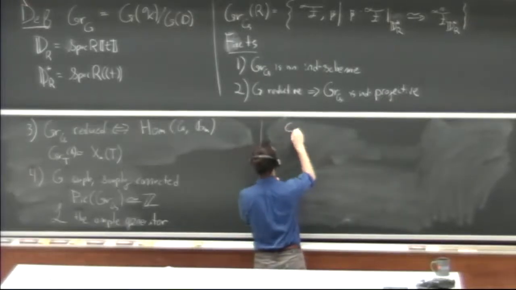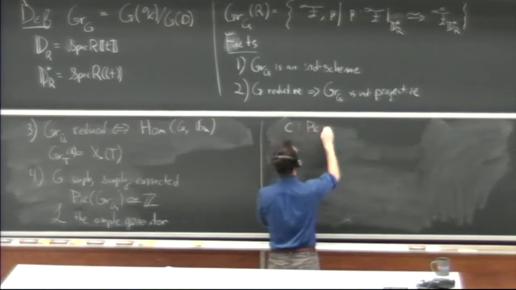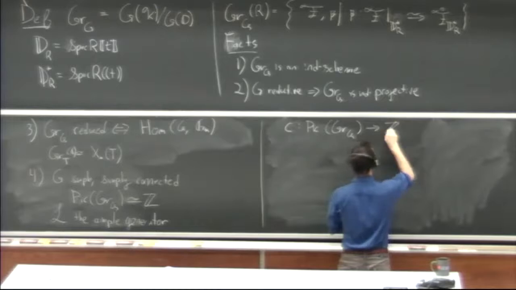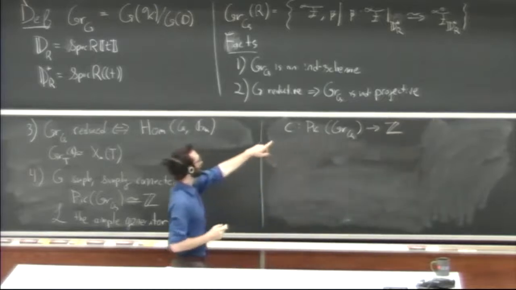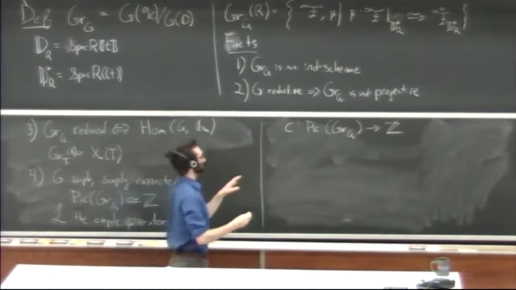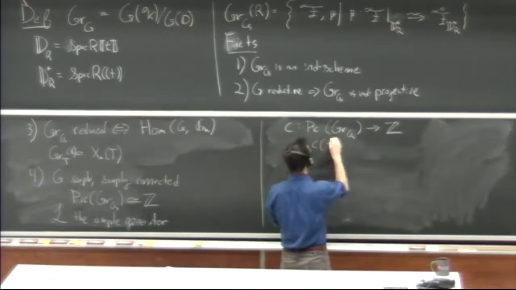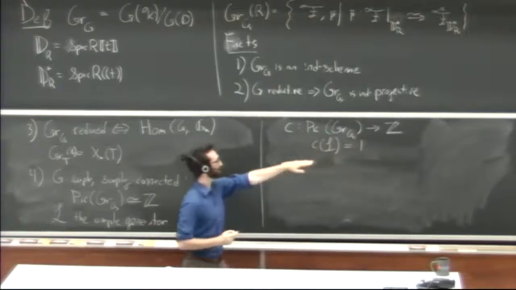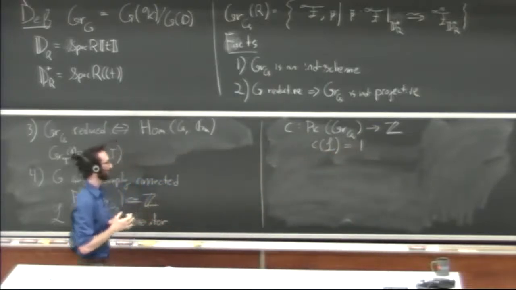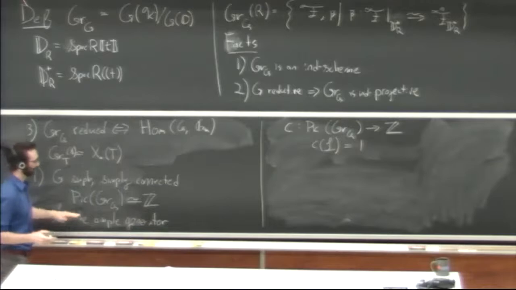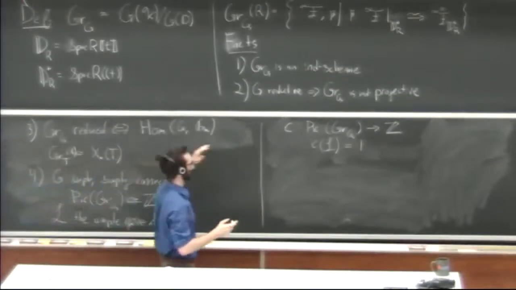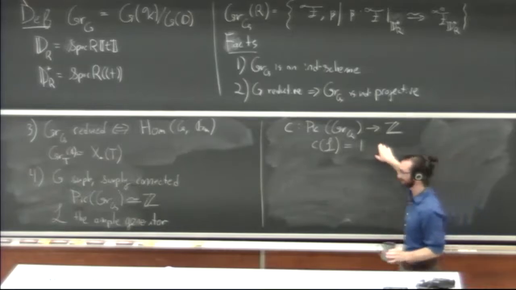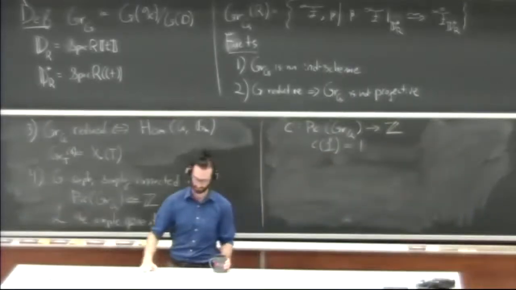So I have a homomorphism C from the Picard group of Gr G to Z. And the fact is that the central charge of the ample generator is equal to 1. This will be a very important fact. Essentially, I will always be dealing with line bundles L of central charge 1. That's very important for this story, and this is always going to hold in this loop group setting.